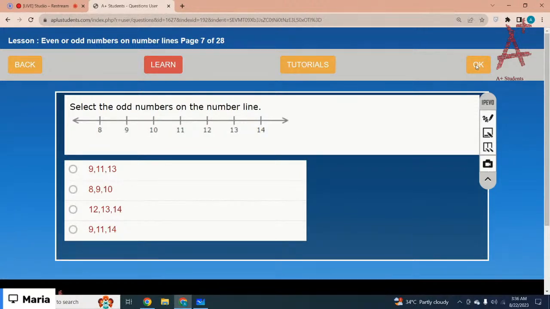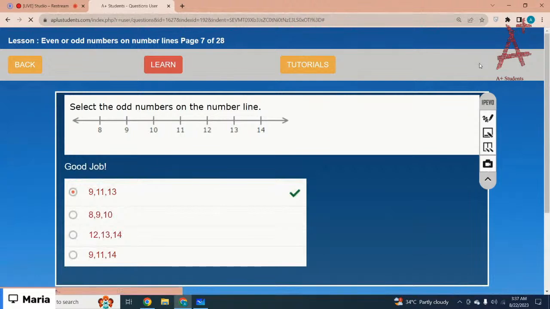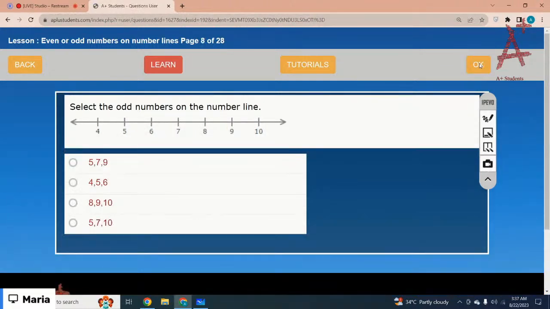Select the odd numbers on the number line, which is the correct option. They are 9, 11, and 13. Option number 1 is the correct option. Select the odd numbers on the number line.